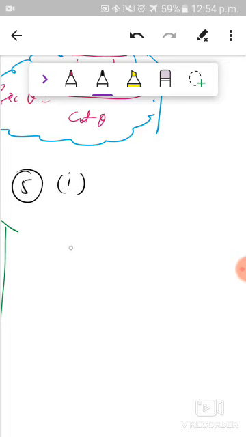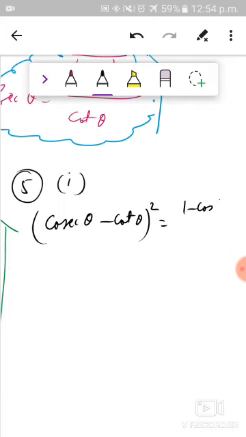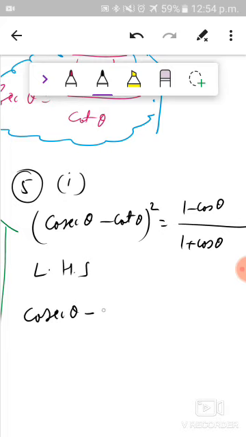In part 1 we have to prove that (cosec theta minus cot theta) whole square is equal to (1 minus cos theta) by (1 plus cos theta). Let me take the left hand side. That is (cosec theta minus cot theta) whole square.